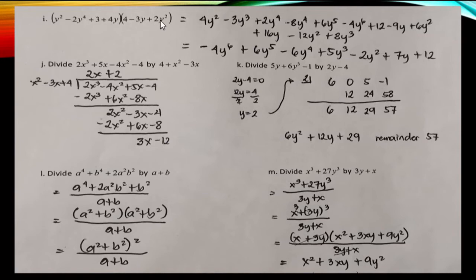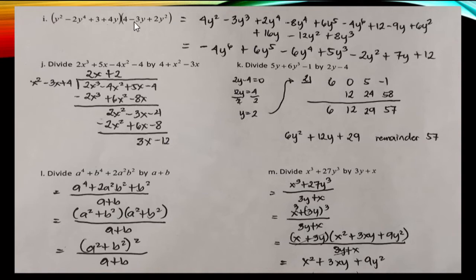Y squared times 2y squared is 2y to the power of 4. Next, negative 2y to the power of 4 times 4 is negative 8y to the power of 4. Negative 2y to the power of 4 times negative 3y is positive 6y to the power of 5. Negative 2y to the power of 4 times 2y squared is negative 4y to the power of 6.